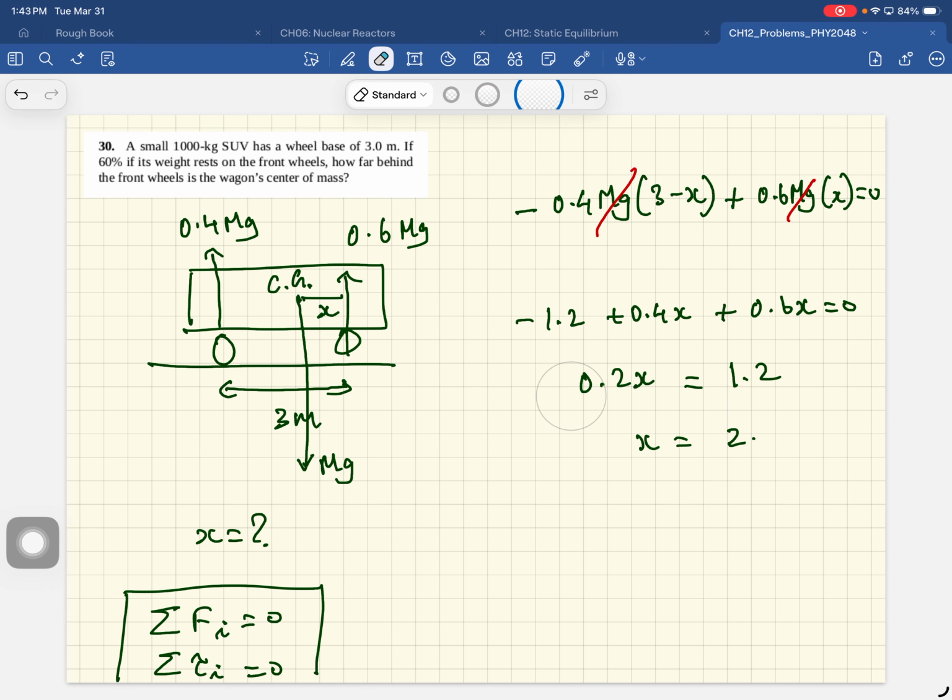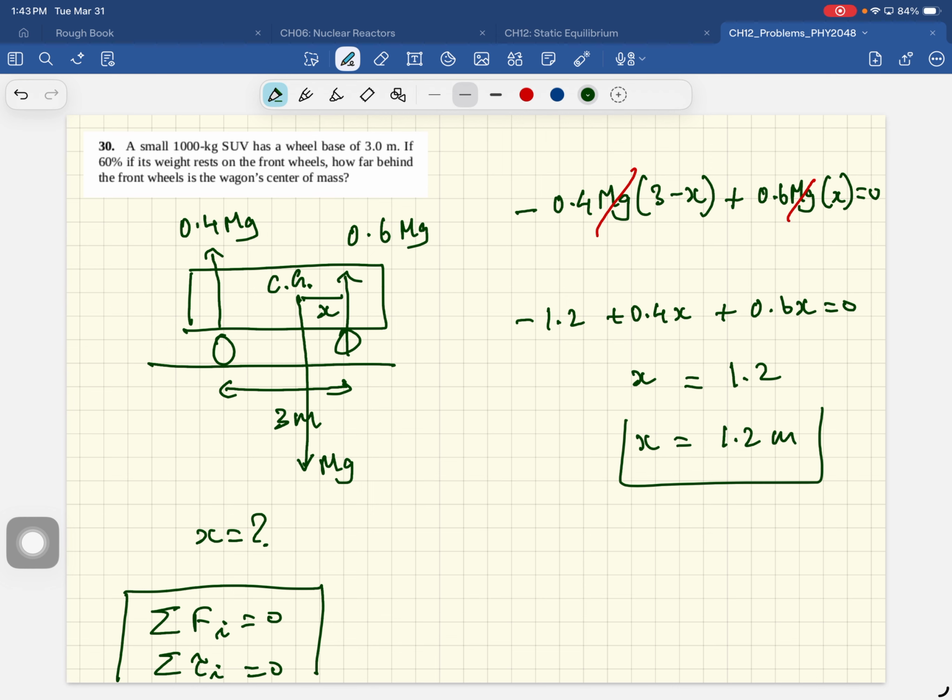For the first part, we'll calculate the torques about this point, so this force will not come into play, and we can calculate the tension. Then we'll break down the tension into this component and this component. So this is T sine 45, and this is T cosine 45.